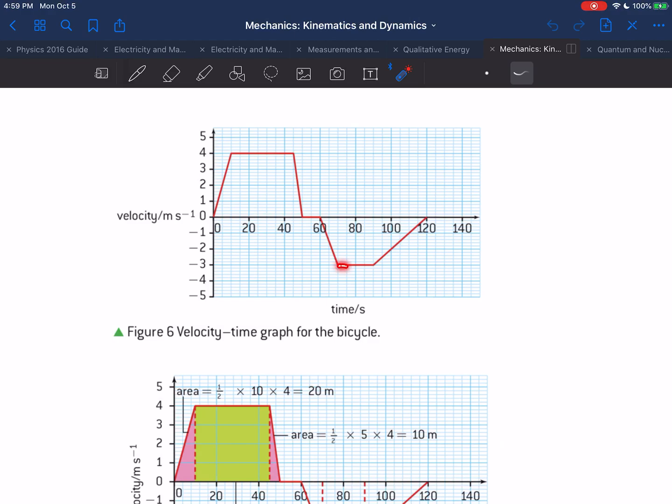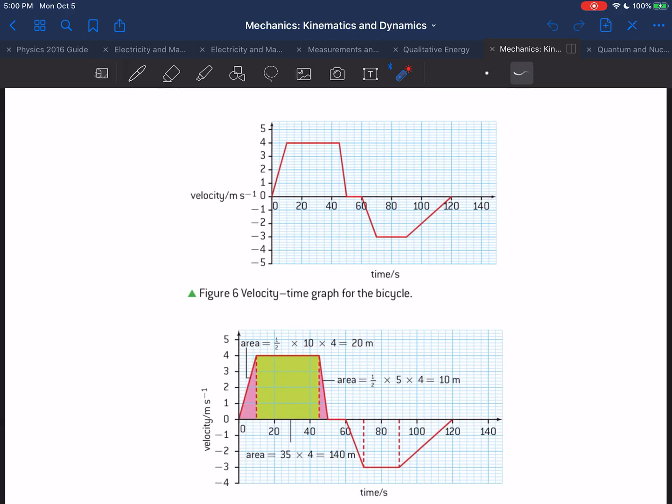Then the bicycle goes at a constant velocity for this region of time in the negative direction, and then finally begins to slow down. Notice this is a case of positive acceleration, but negative velocity. And we'll see this more in class.